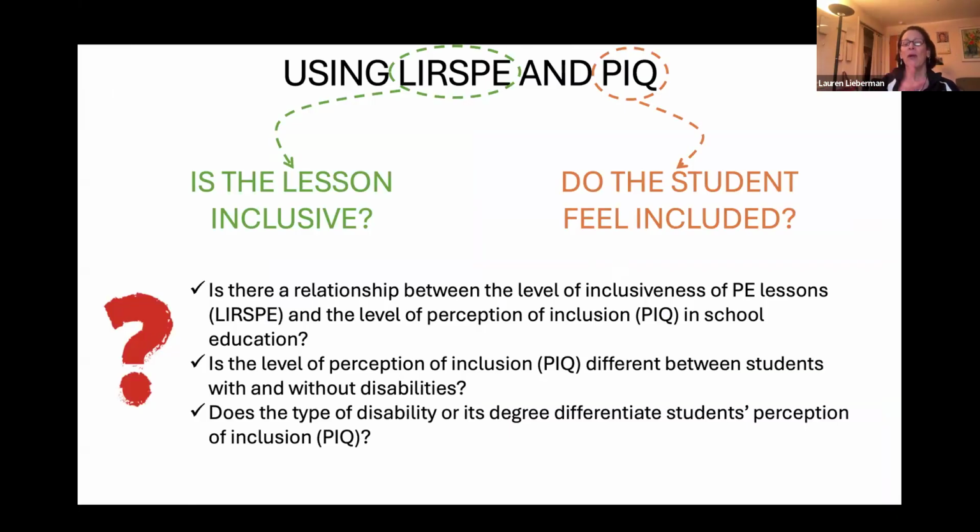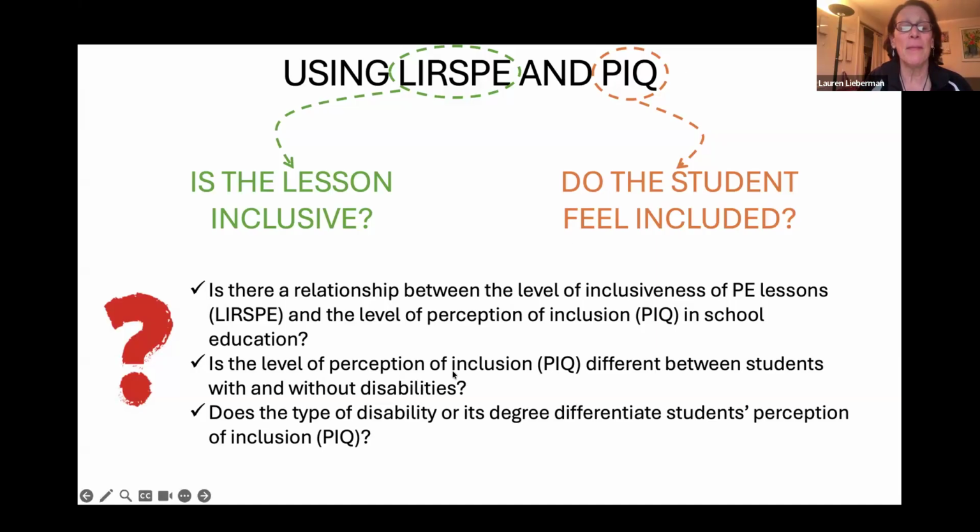We want to find out, is there a relationship between a high score in the LIRSPE and children's perceptions of inclusion? But this questionnaire was not for physical education. It was just for being in school. And so right now we're finishing up validating the PIQ for PE.